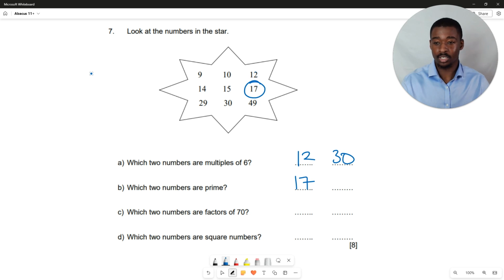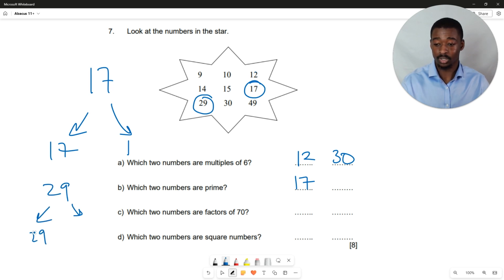The only 2 factors of 17 are 17 and 1. And then our second prime number should be 29, right? Because 29, again, only has 2 factors. Itself, 29, and 1. So 29 is our second prime number.